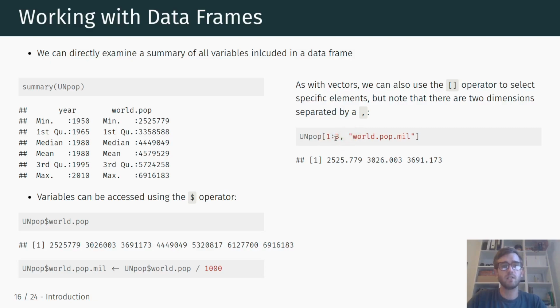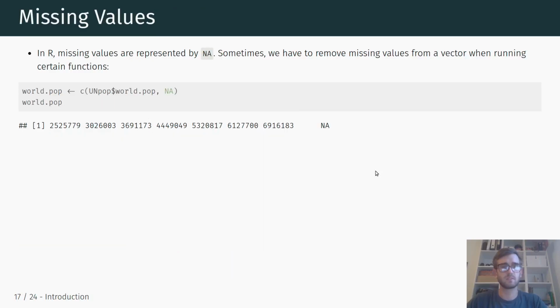So for example, here we select unpop and then in brackets 1 through 3, so the first 3 rows of that data frame, and then we have a comma, and then we only select world.pop.mil, so the world population estimates in millions, and then we'll get a 3-element vector which contains this newly computed world population in millions.